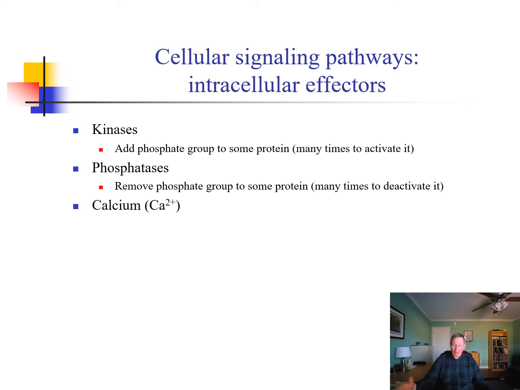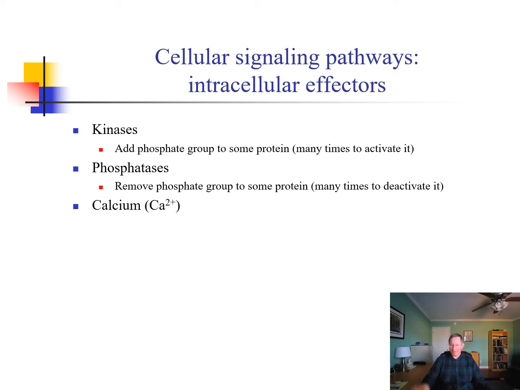Now, sometimes in these processes, we have phosphate groups that are added to a protein. Sometimes it activates it, sometimes it deactivates it. In general, if you add a phosphate group, it tends to activate it, but that's not always the case. However, proteins that add a phosphate group to some other protein are called kinases.